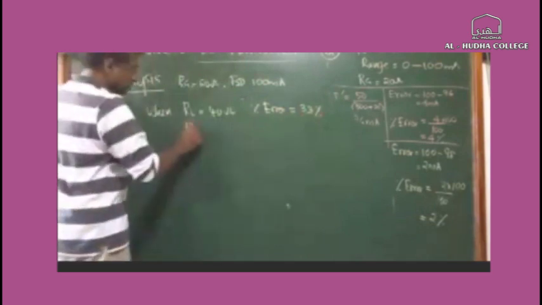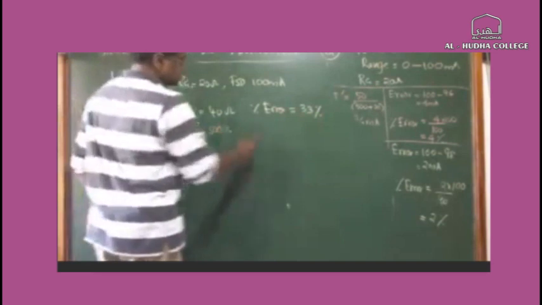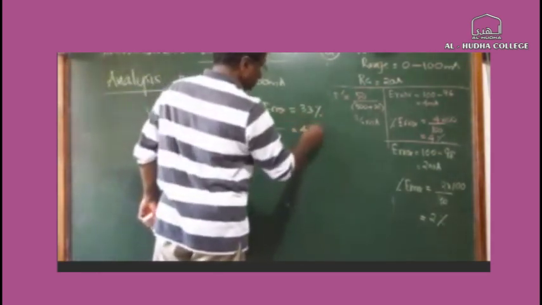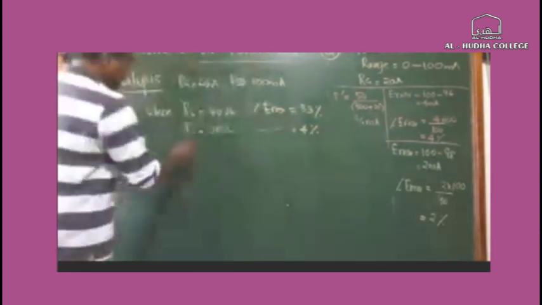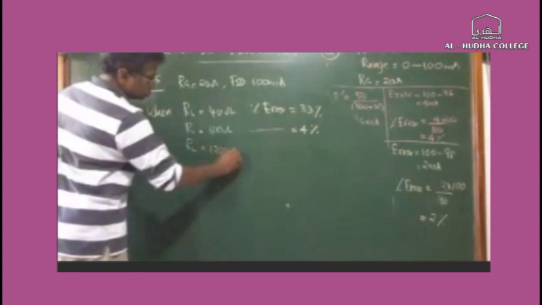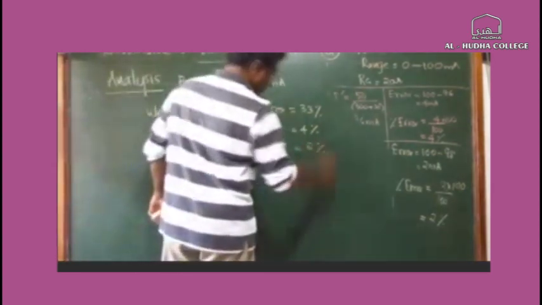When RL, the load resistance, is 500 ohm, the error percentage is 4%. When RL is 1200 ohm, the error percentage is 2%.